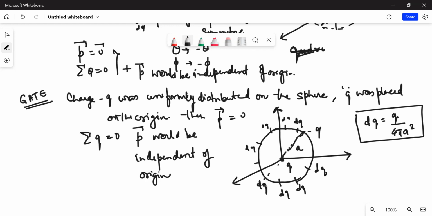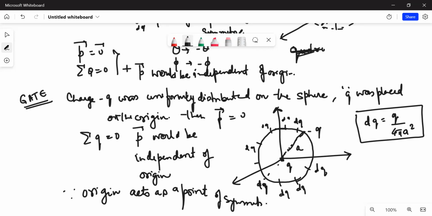So all these charges are symmetrically placed, the origin acts as a point of symmetry, and therefore the net dipole moment would also be zero. It will obviously be independent of origin, but it will also be zero.